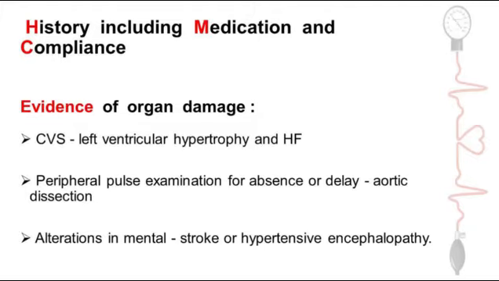If we are thinking about CVS system, we can look for left ventricular hypertrophy signs or heart failure. If we are thinking about aortic dissection, we can look for peripheral pulse examination for absence or delay, alteration in mental status, which suggests stroke, even ischemic or hemorrhagic, or hypertensive encephalopathy.